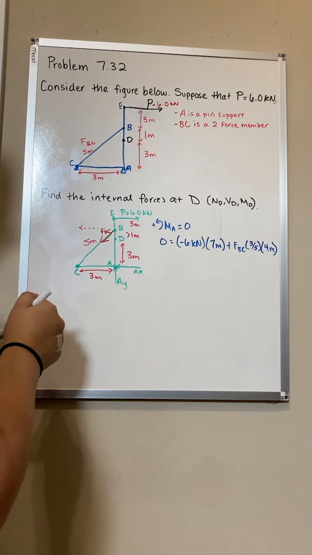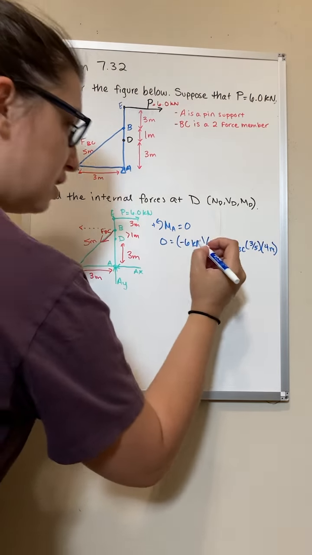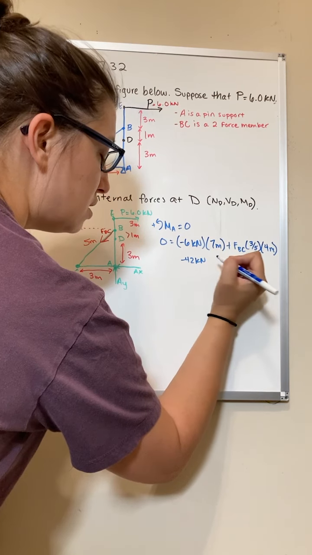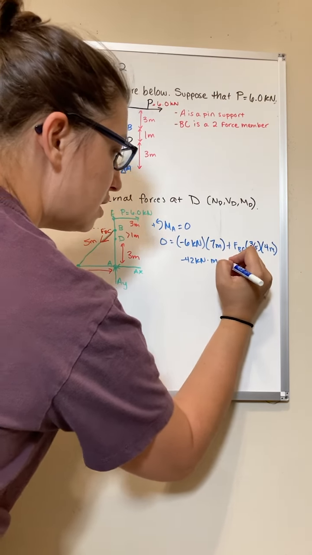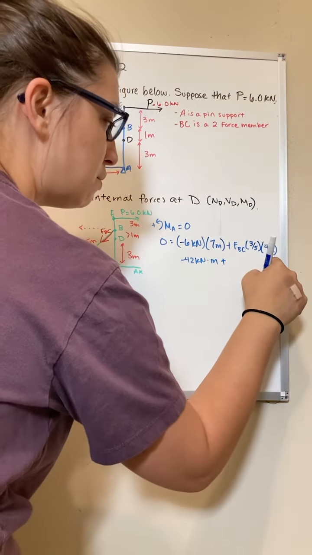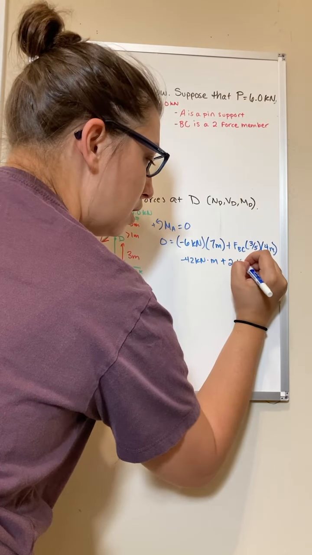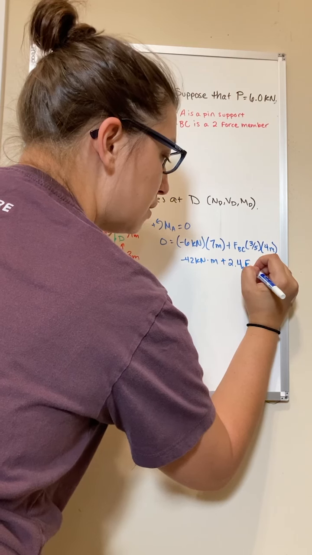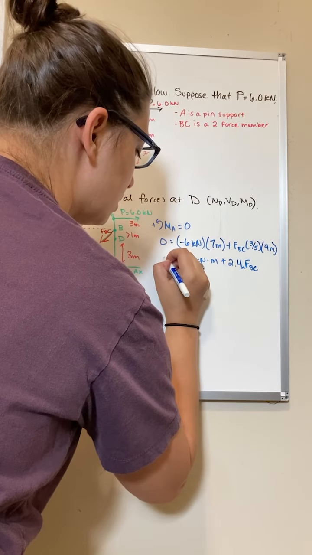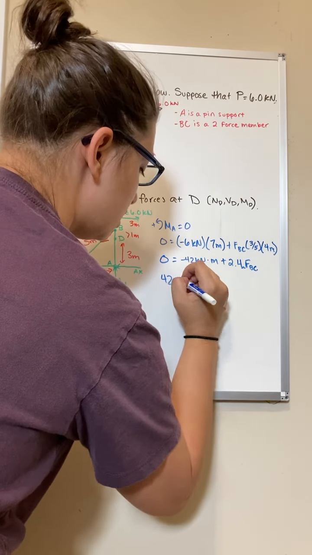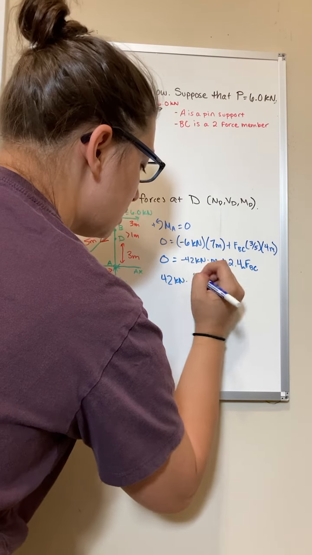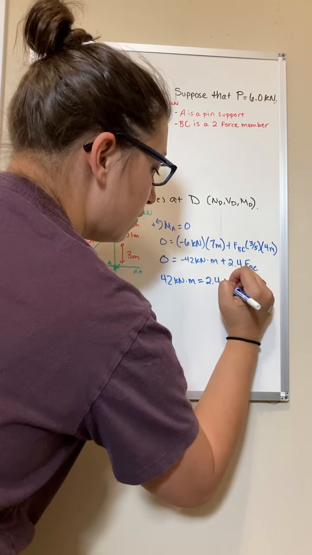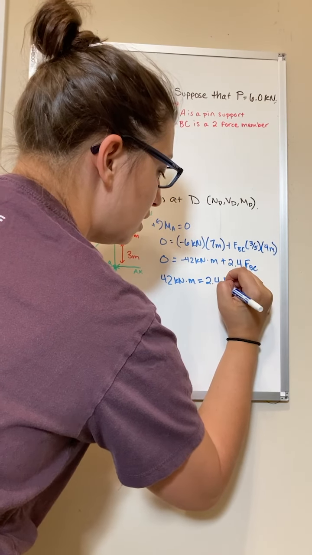Doing some simple math, we're going to get negative 42 kilonewton meters plus 0.6 times 4, which is 2.4 force BC meters, equals 0. So 42 kilonewton meters equals 2.4 force BC meters.